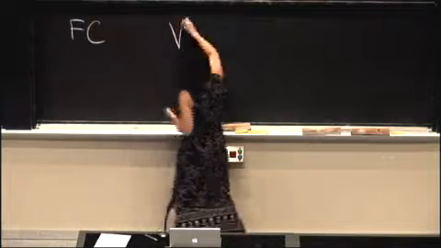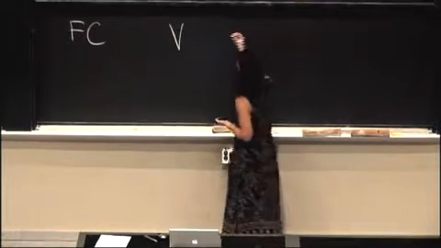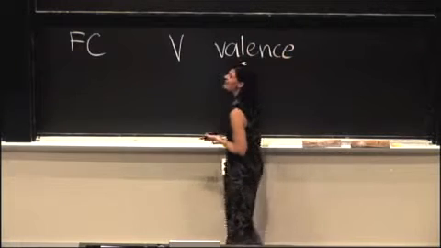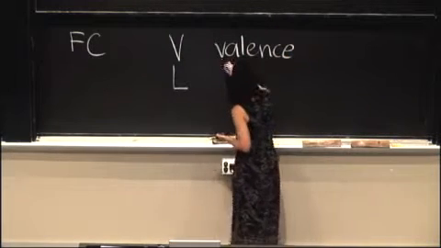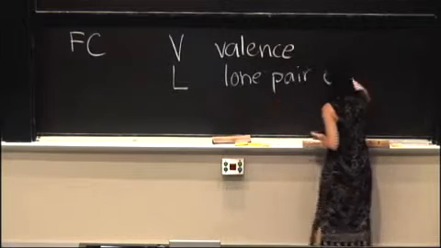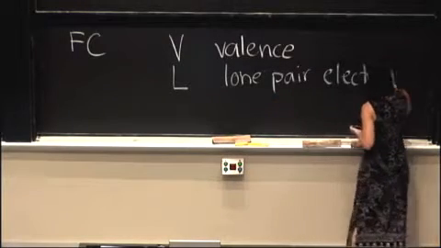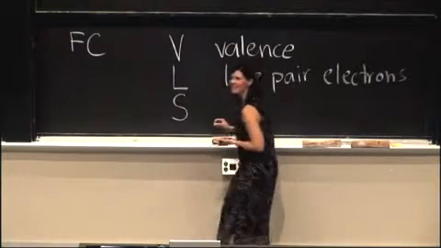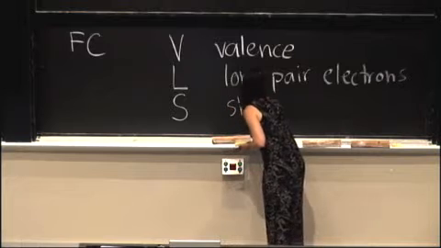Does anyone have a guess for V? Everyone has a guess. Great. Valence electrons. What about L? Lone pairs. So lone pair electrons, actually, not lone pairs themselves. And then S. Good, that's the tricky one. Shared electrons.